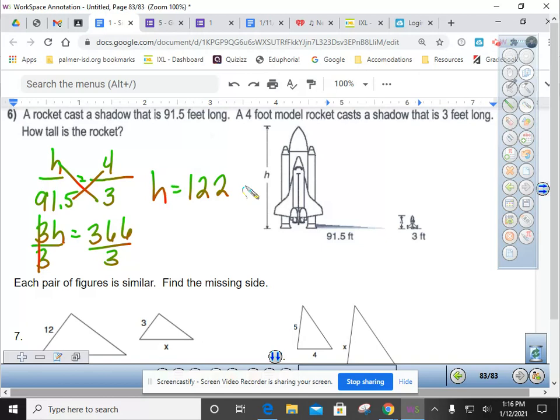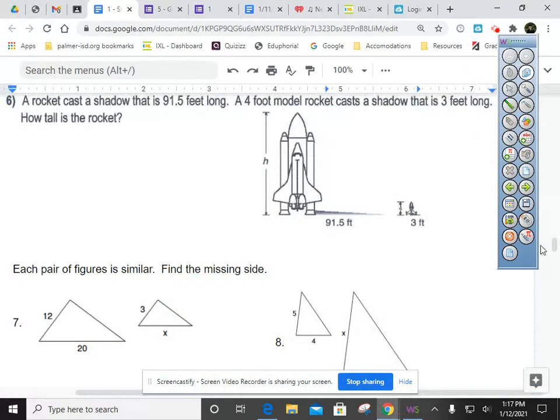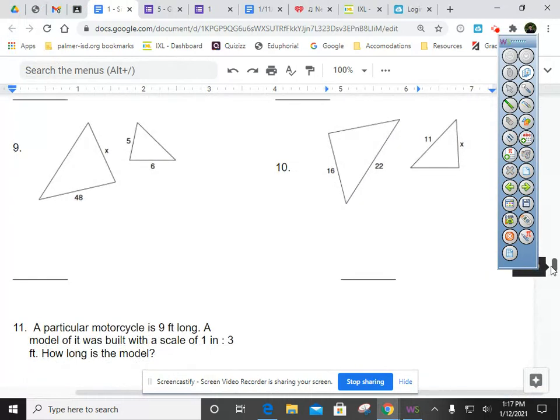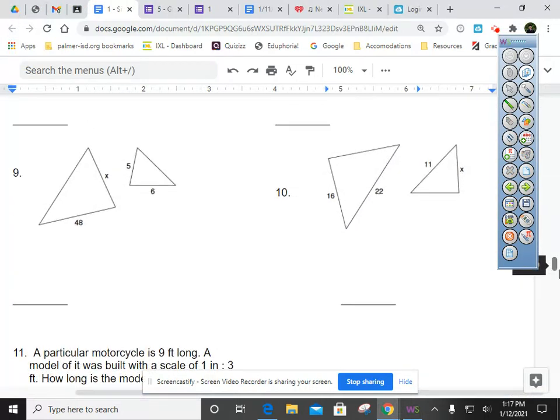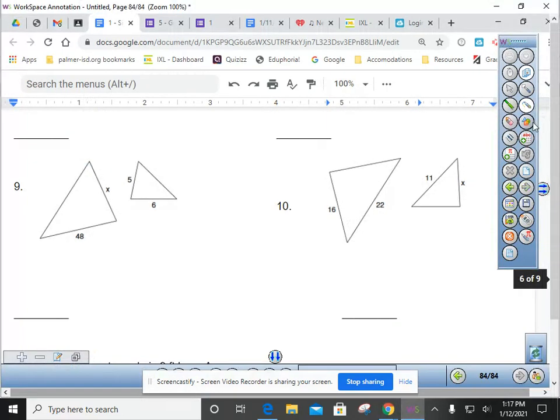Turn the page. I don't want to look at some of these that are flipped around on you. Like number 9. This is what I mean by the shapes being flipped. You gotta make sure you know who goes with what. So if we do number 9, who's gonna go with X on the other shape?